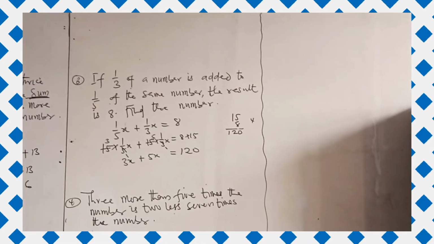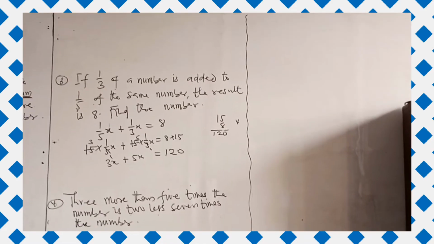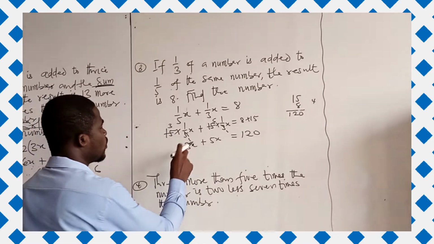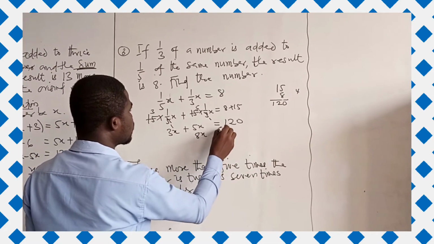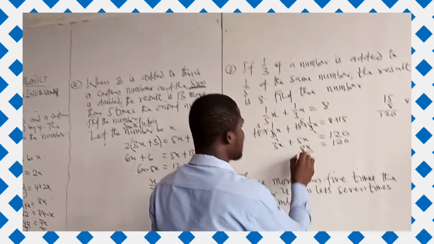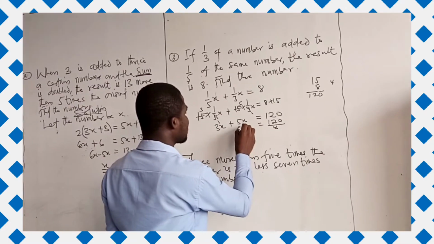Okay, good. Now we are going to add them. So 3X plus 5X will give us 8X equal to 120. So divide both sides by 8.